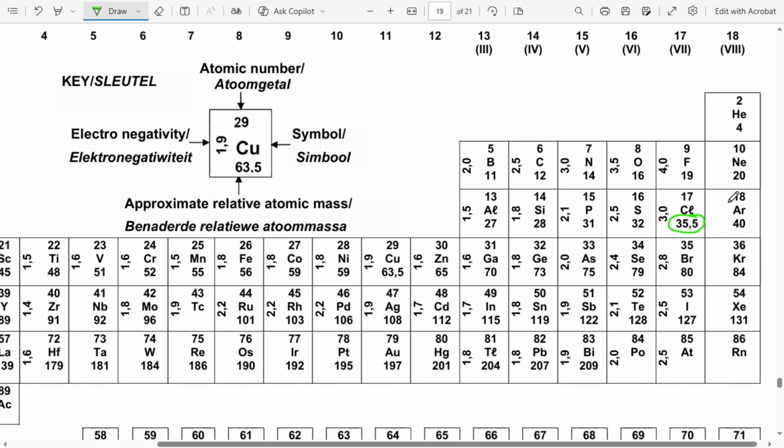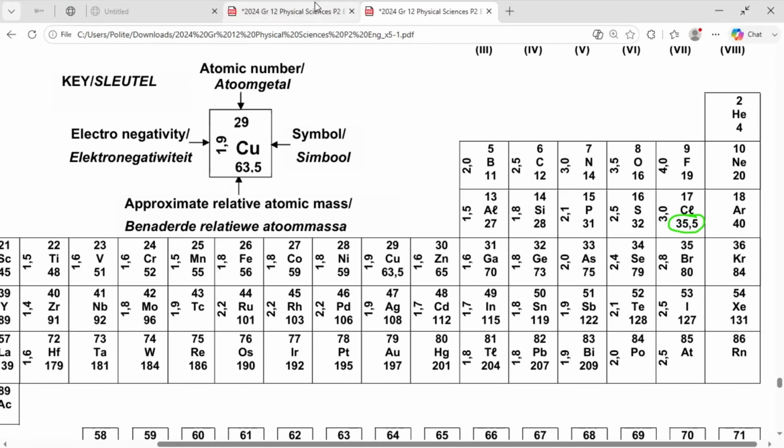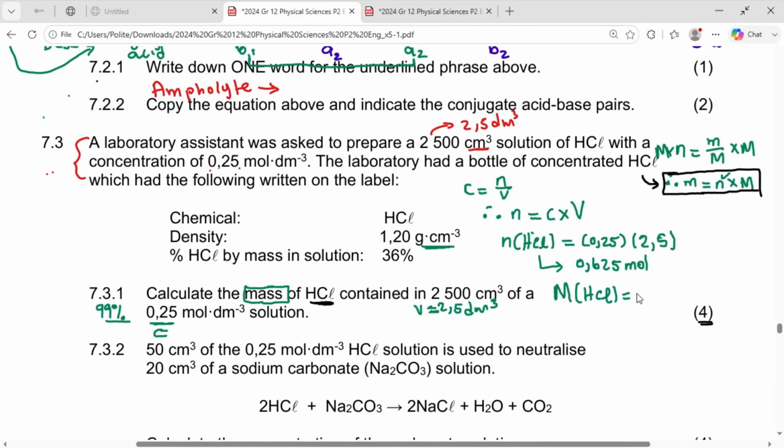So the molar mass is going to be that 1, we add that to 35.5, which is 36.5. The molar mass is 36.5 grams per mole.